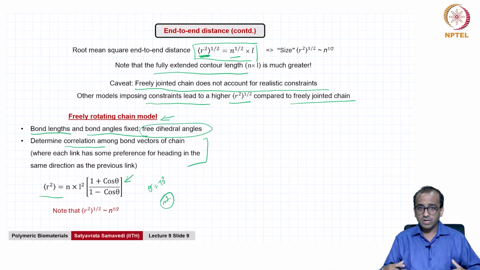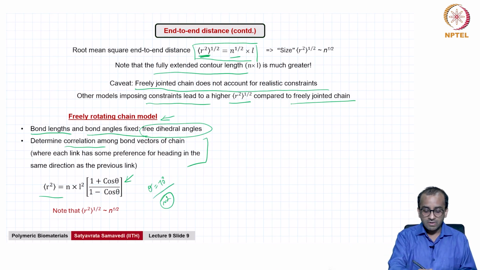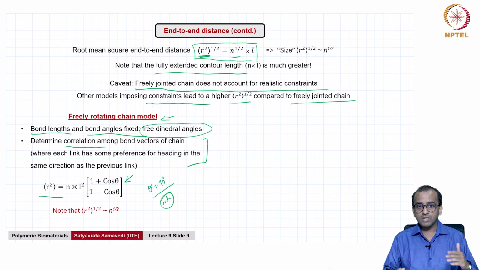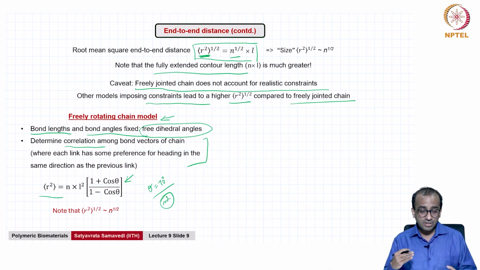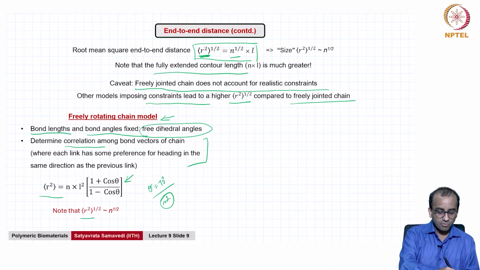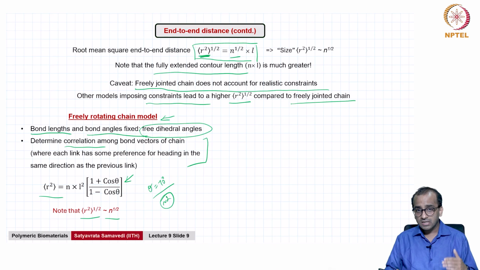For the 109.5 or roughly thereabouts bond angle, 180 minus that will be theta the way we defined it, and if you substitute that here, you will end up with a factor of 2, which is roughly twice the mean square, not root mean square, the mean square is 2 times that predicted by the freely jointed chain model. But note here that the root mean square scaling is still n to the half here.